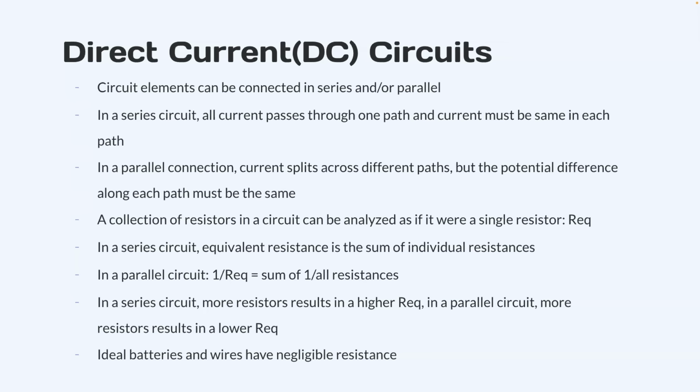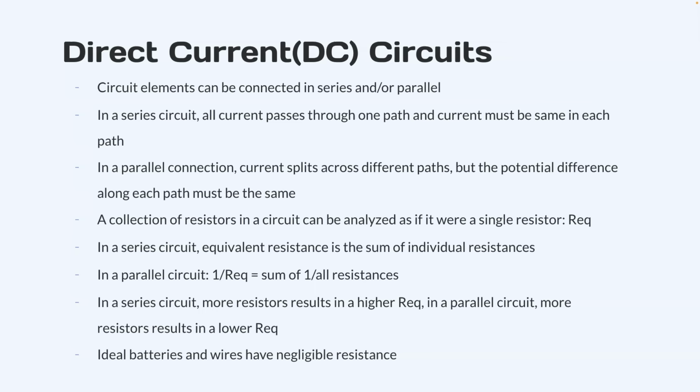A collection of resistors in a circuit can be analyzed as if it were just one resistor through the R equivalent equation. In a series circuit, that equivalent resistance is the sum of all the individual resistances. But in a parallel circuit, 1 over R equivalent is equal to the sum of 1 over all the resistances.